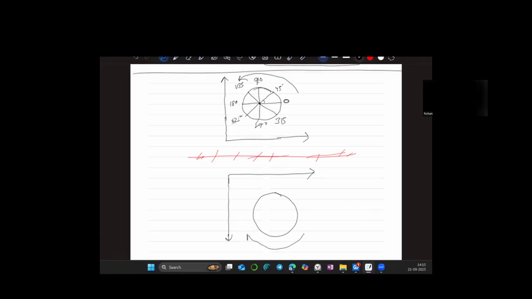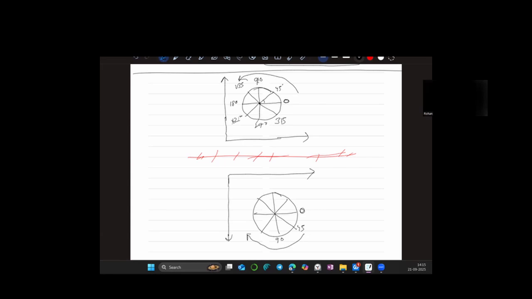This arrow will look something like this. And we have these 8 points. The 0 will be here. The 45 will be flipped and will be here. And the 90 will be here.